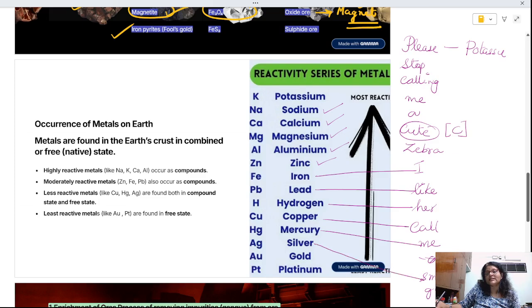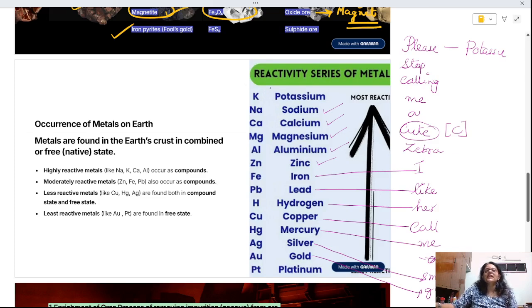Call me smart guy. Silver, gold, and we will write platinum as the last one. So this is the reactivity series: potassium, sodium, calcium, magnesium, zinc, iron, lead, hydrogen, copper, mercury, silver, gold, and platinum.